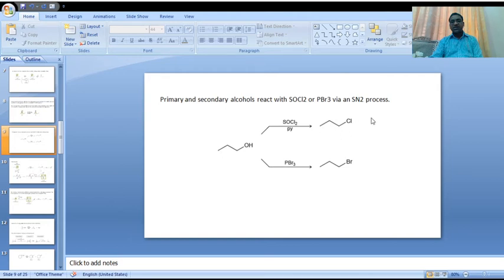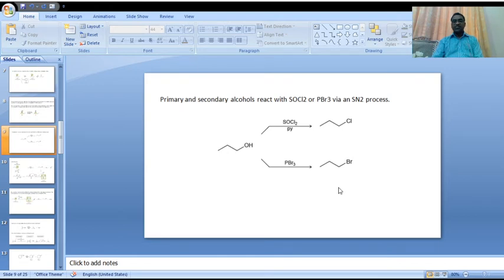One, two, three, propyl chloride. The same starting material, primary alcohol, on reaction with phosphorus tribromide forms propyl bromide, an alkyl halide. These two reactions proceed via an SN2 mechanism.